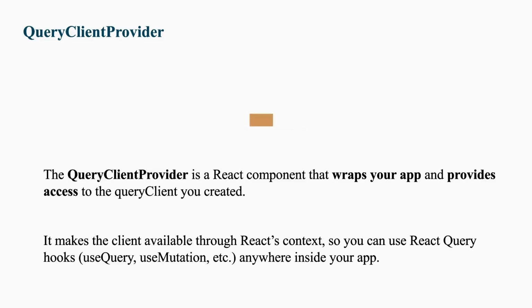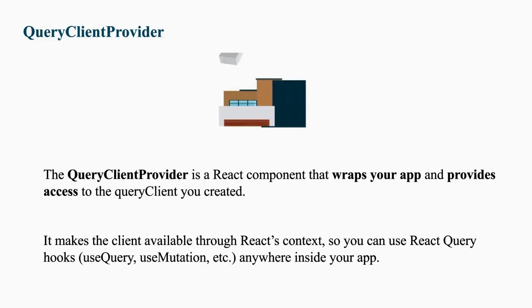It makes the client available to React context so you can use React Query hooks like useQuery, useMutation anywhere inside your app. What it means is that query client creates an instance and helps you to fetch the data, cache the data and all this.